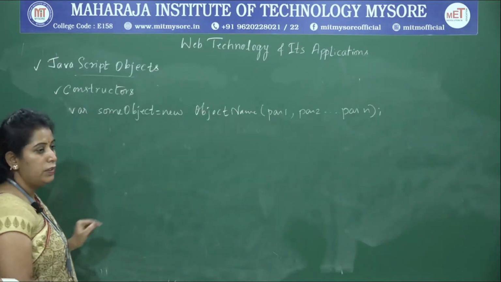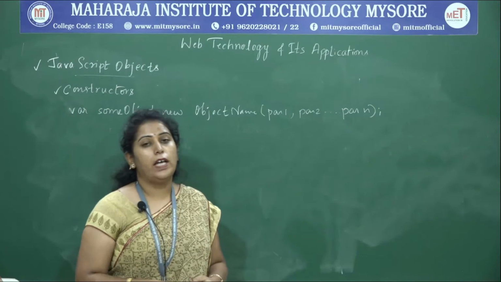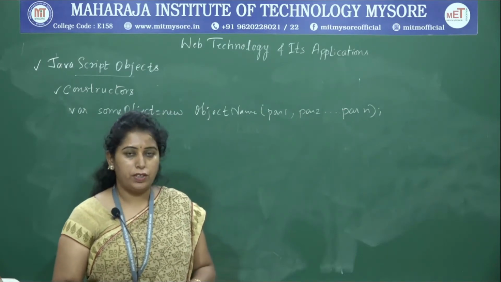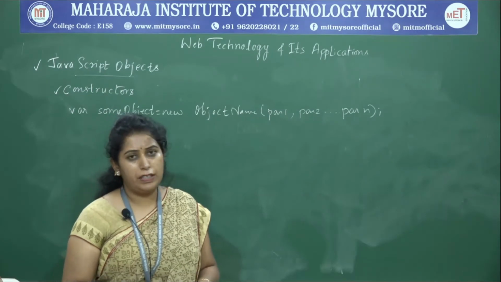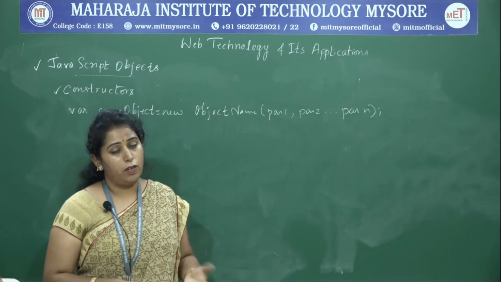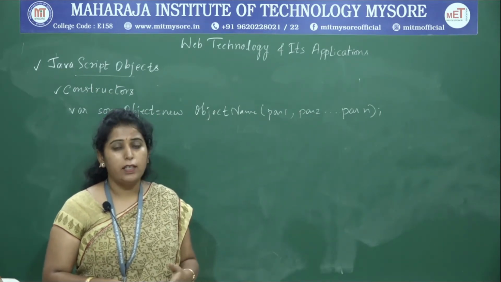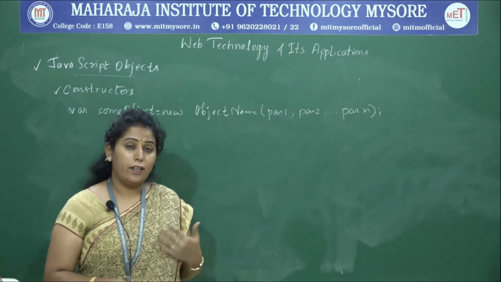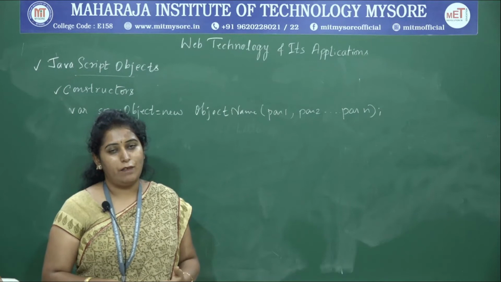So next is about JavaScript objects. As you all know, JavaScript is not a fully fledged object oriented programming language. It does not have a class, is it right? It does not have features like inheritance or polymorphism, and so on. So how can objects still be created using JavaScript?